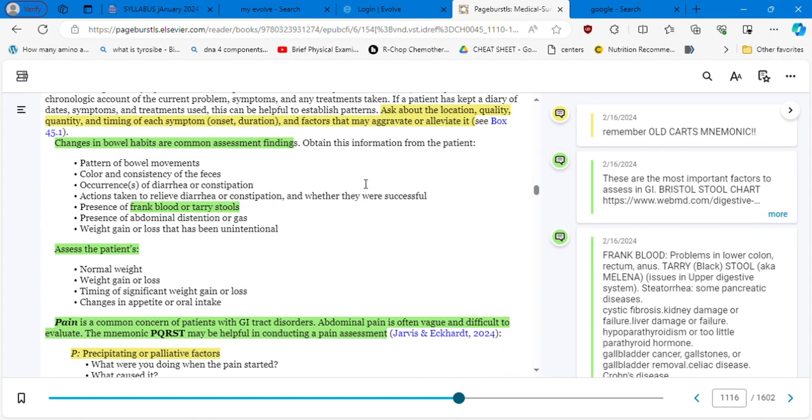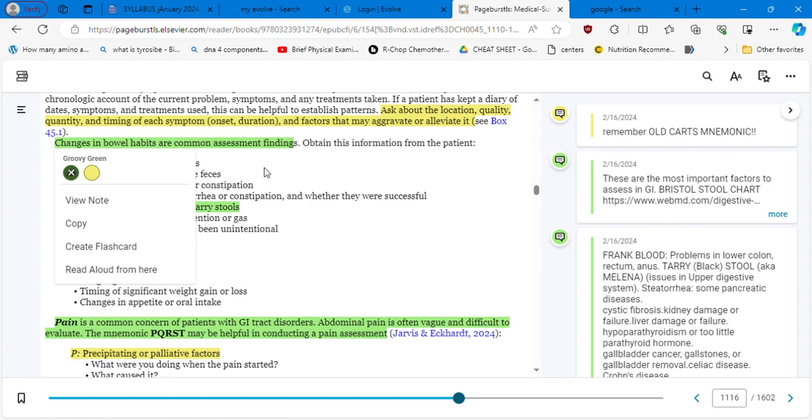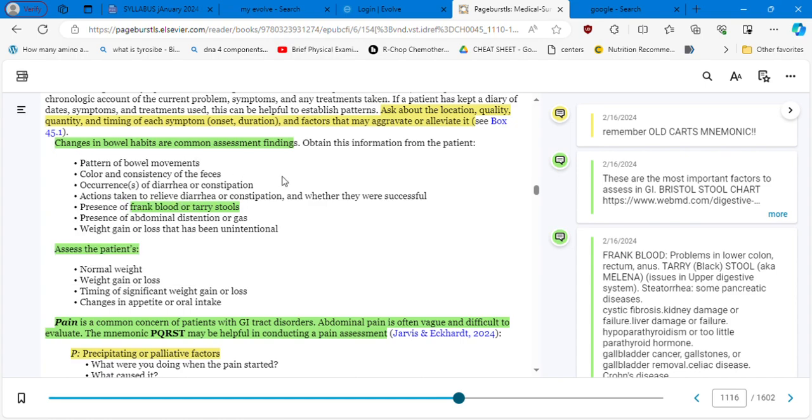Whatever I'm going to mention right now are the most important factors to assess in gastrointestinal changes in bowel habits. As I mentioned before, the bowel movement pattern is extremely important. If you see blood, you know there is some type of bleeding, and depending on the type of blood, if it's dark, if it's fresh blood, you can tell why this bleeding is occurring.